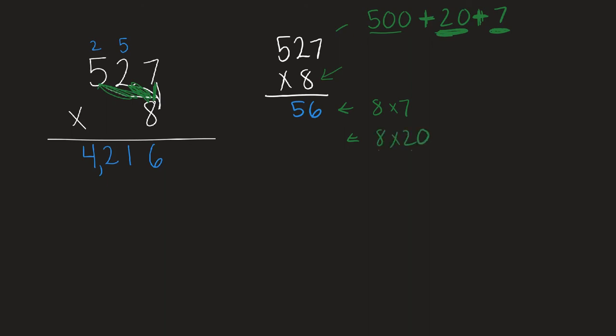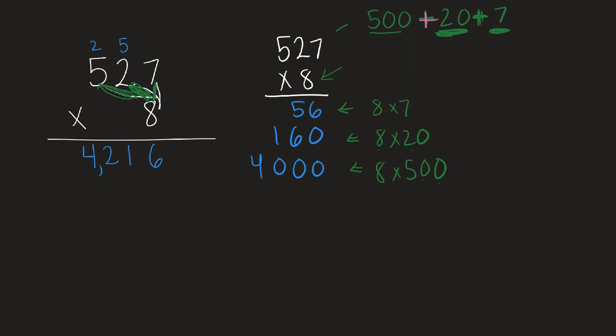And I know 8 times 2 is 16, plus a 0, that's 160. And last, I have 8 times 500. 8 times 5 is 40, and then I add 2 zeros. There's a 40, and there are my 2 zeros.